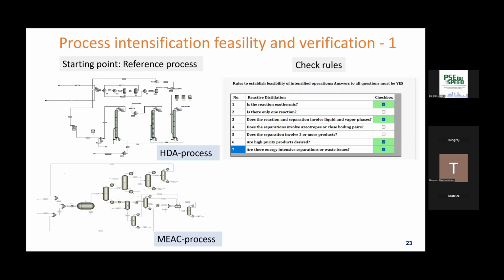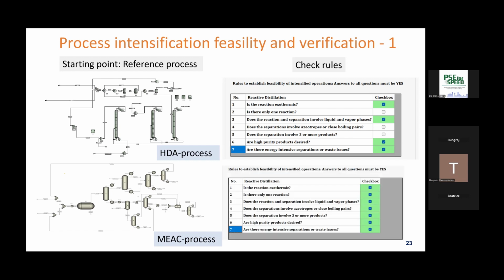But they also found the alternative reactive distillation. But how did they find out? That's another question. But our tool will tell whether it is possible or not. So if we ask the 7 questions again, using the simulation results that we have, all the answers are yes, meaning that this process can be converted to reactive distillation.